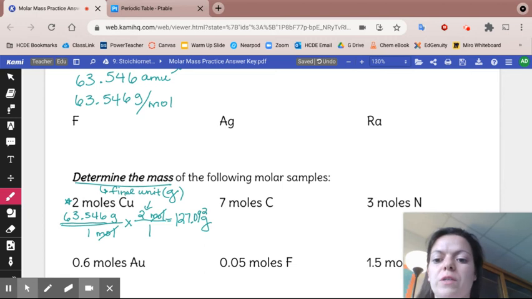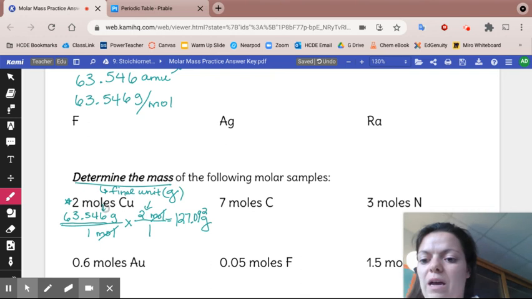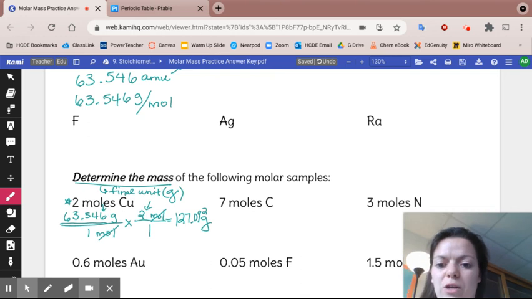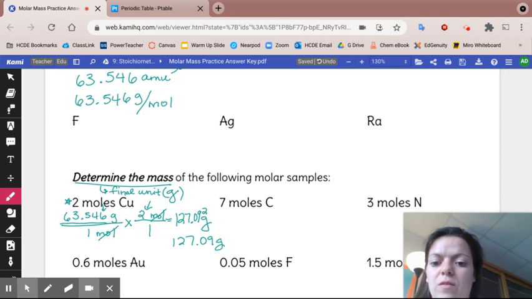This 2 moles is an exact number, so it would be 2.00000000000 out forever. Okay, so we use the first number to determine our significant figures. In this case, we have 5 significant figures. So when I get to my answer, because I'm multiplying, I would want to round this to 127.09 grams so that I have 5 significant figures like I started out with.